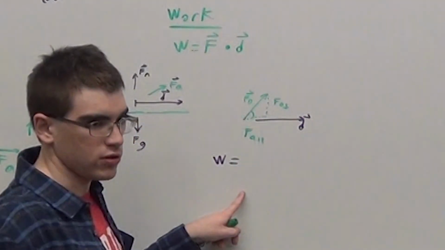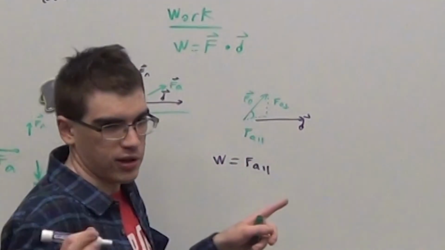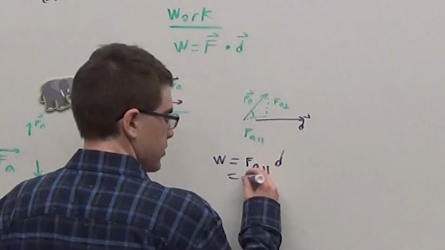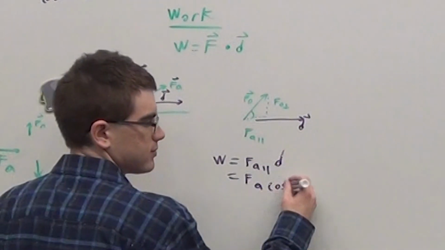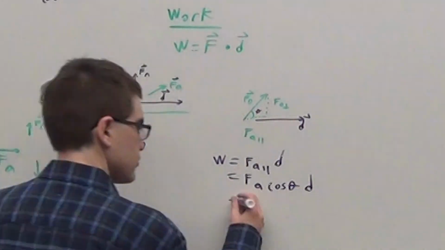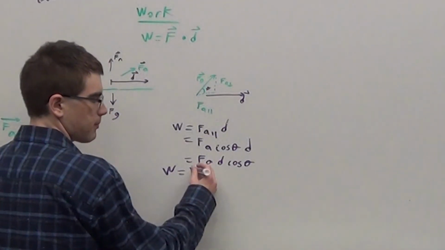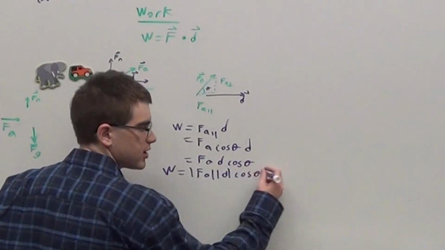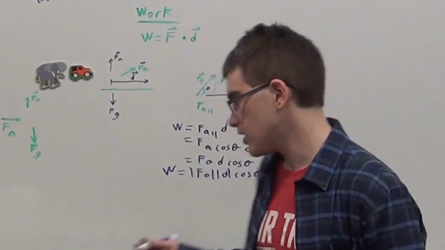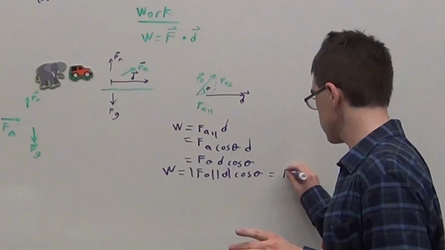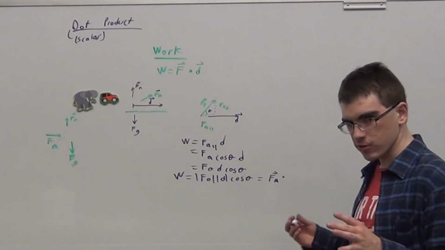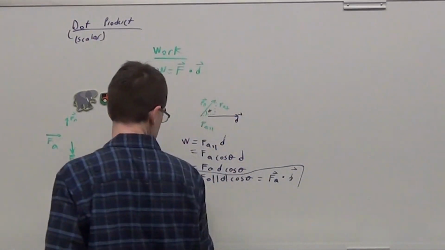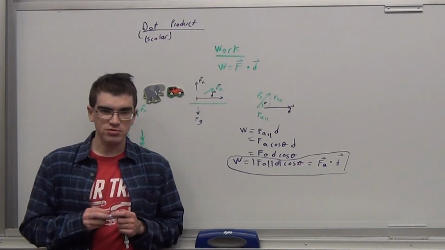So our work here would be equal to force applied parallel times displacement. Well, force applied parallel is just force applied cosine of theta times displacement. Work is equal to the magnitude of FA, times the cosine of theta, which as we've seen is just the dot product of the applied force dotted with the displacement vector. That's where you see dot product in physics.